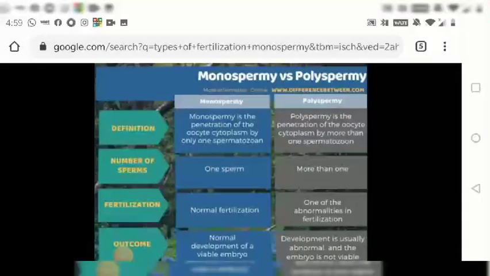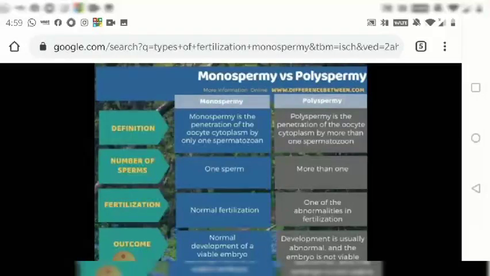So these are the two types, but there are again two conditions. The first one is polyandry and the second one is polygamy. Polyandry: by the name, poly means many, andry relates to the androecium, that is the male part. So when two male pronuclei unite with a single female pronucleus, that is polyandry. So what is polygamy then? Polygamy is related to gametes, gyny, gynoecium, related to female.